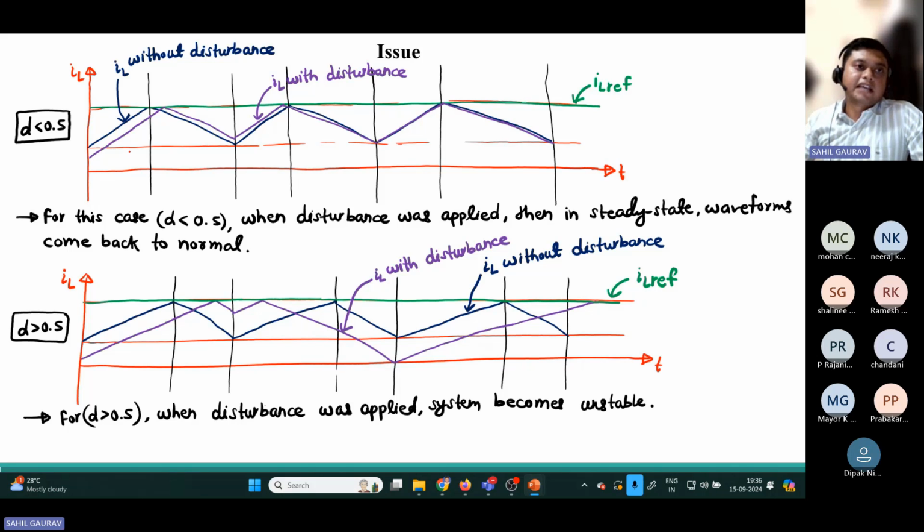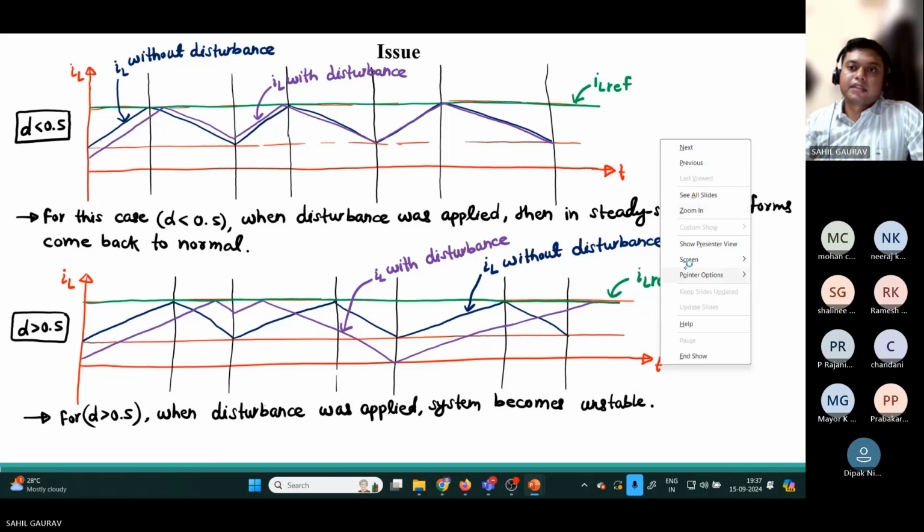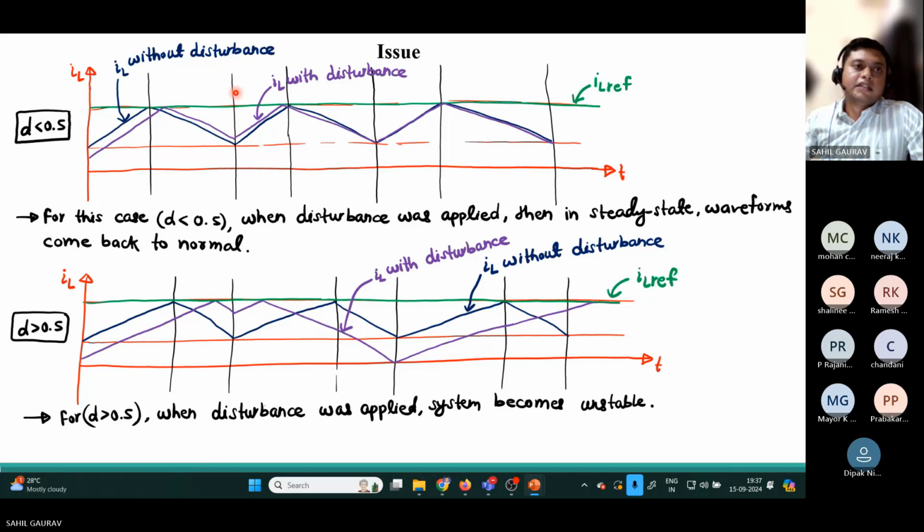If the duty cycle is less than 0.5, and this blue curve, if you see here, this blue point is the inductor current without disturbances. So it behaves smoothly, and now if there is some disturbance in the converter, then it starts from a different value, in parallel with the previous inductor value.